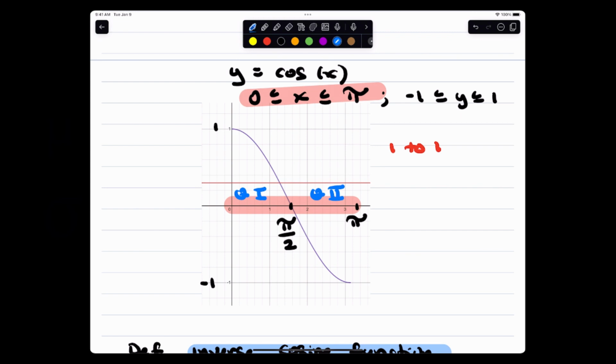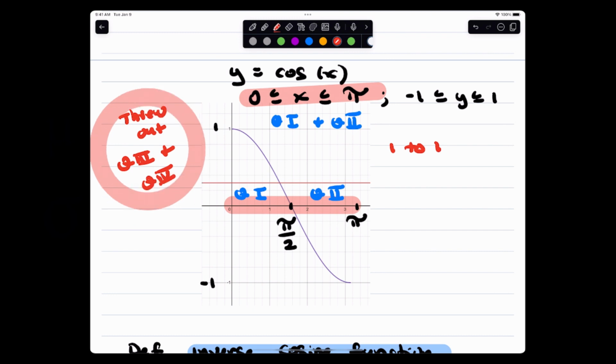This is a different function. So what we threw out, ladies and gentlemen, is quadrant 3 and quadrant 4. Those are out. Easy peasy lemon squeezy. Those are now out and gone.